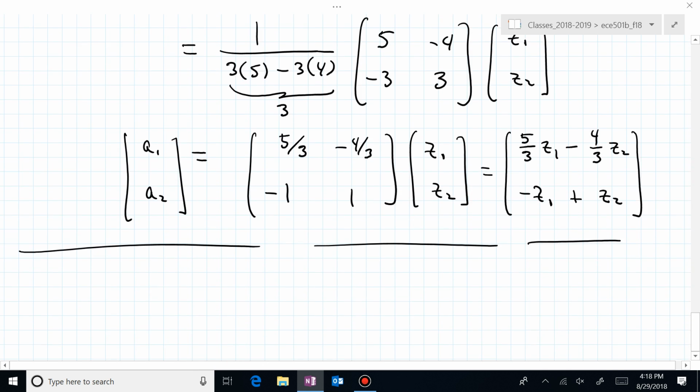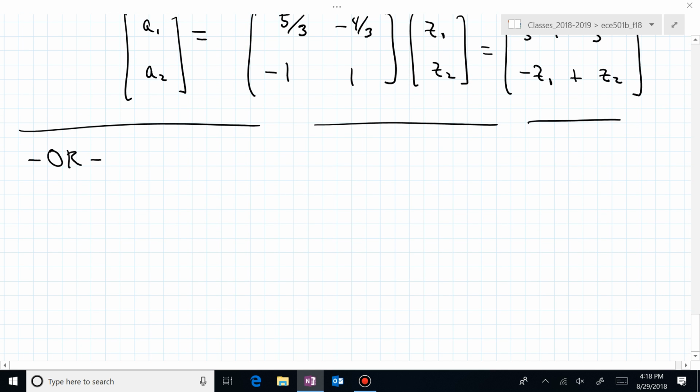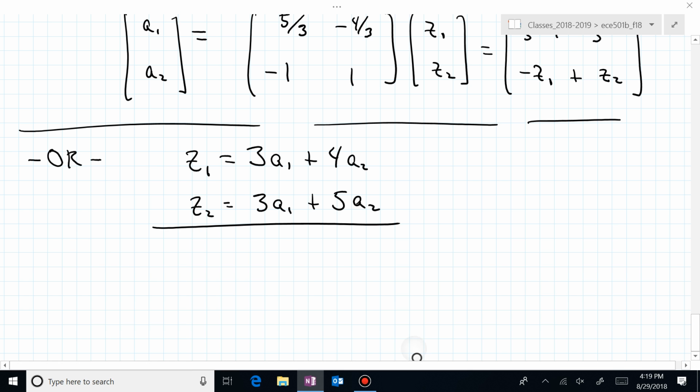You could solve it that way. So now we have z1 is 3a1 plus 4a sub 2, and z sub 2 was 3a1 plus 5a sub 2.